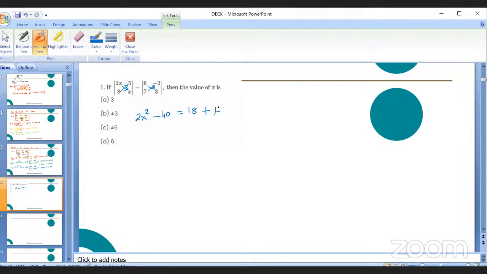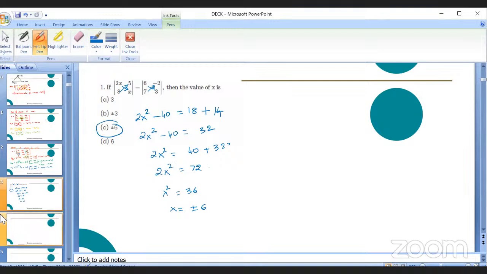So it will become plus 40. 2x square minus 40 equal to 32. 2x square is 40 plus 32. 2x square is 72. X square is 36. X is plus or minus 6. So option C is the correct answer.